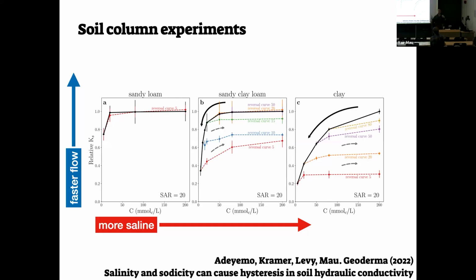But once the clay platelets get too far from each other, then they can be dissolved in the water and they can clog the pores. And this is what we see here. Here, the experiment was so hard because hardly any water was coming out of the column, and we have completely destroyed the soil. And we do see changes in the soil structure, but we did not take those soils before and after for a CT scan.